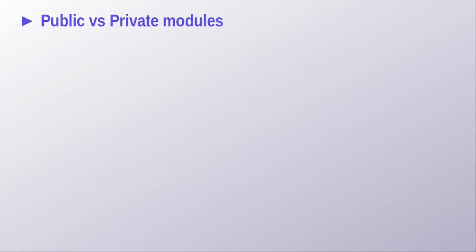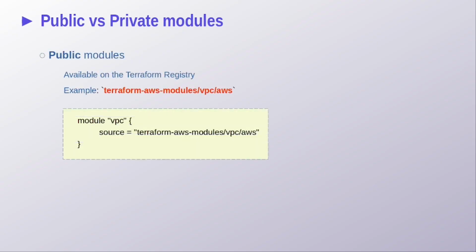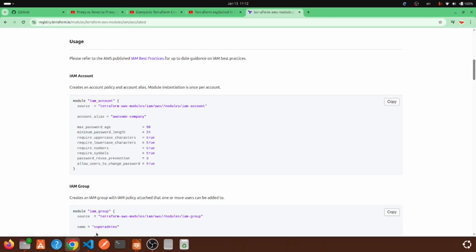Public and private modules. Public modules are available on the Terraform registry. For example, pros: well tested, community supported. Cons: very complete, hard to customize deeply.